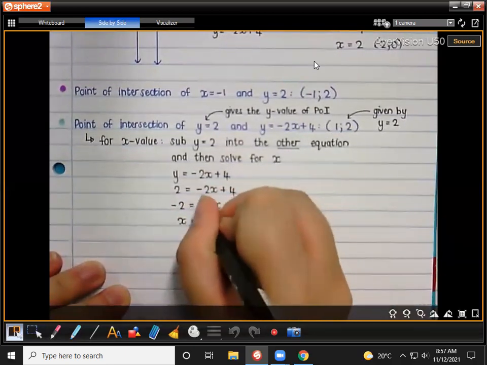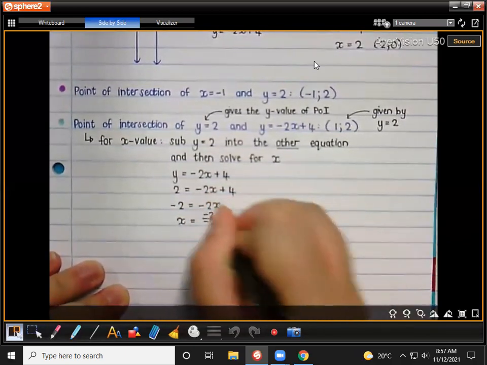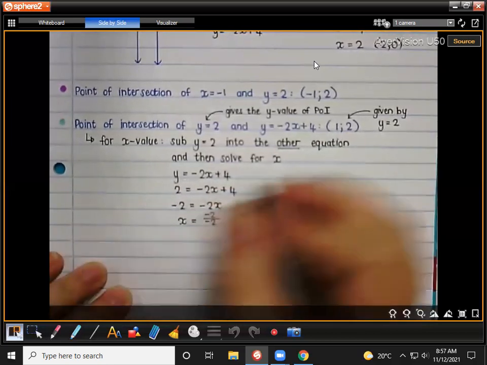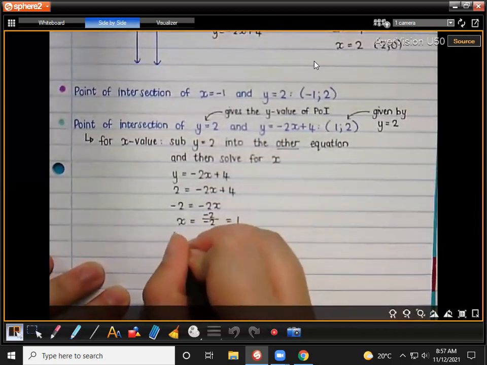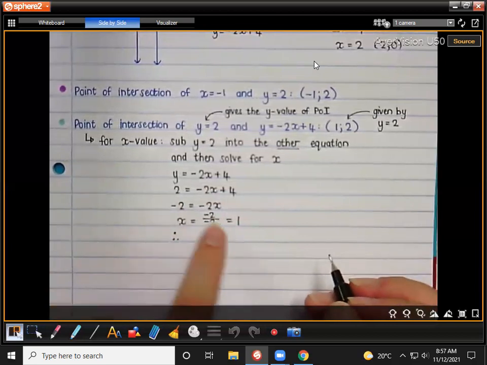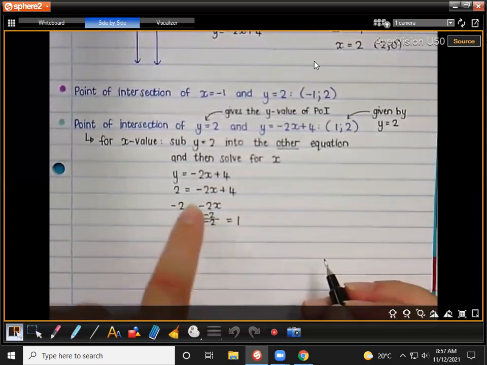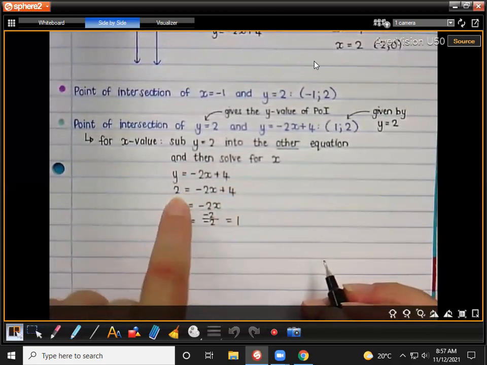X equals negative 2 divided by negative 2. What's that? 1, hey? And isn't that what we wanted? That's what we read off of the graph, that the x value of that point of intersection was 1. Okay, so therefore, your point of intersection is x equals 1, y equals 2.